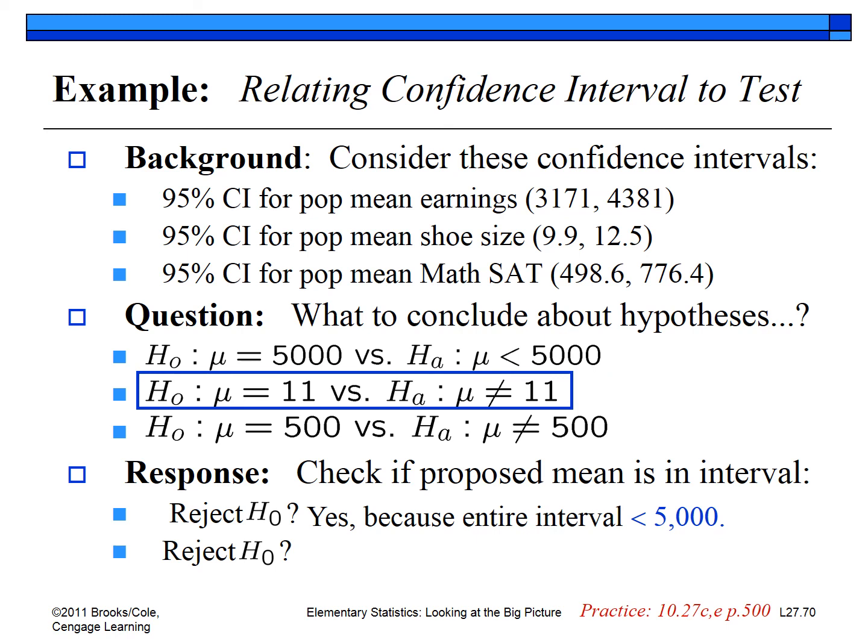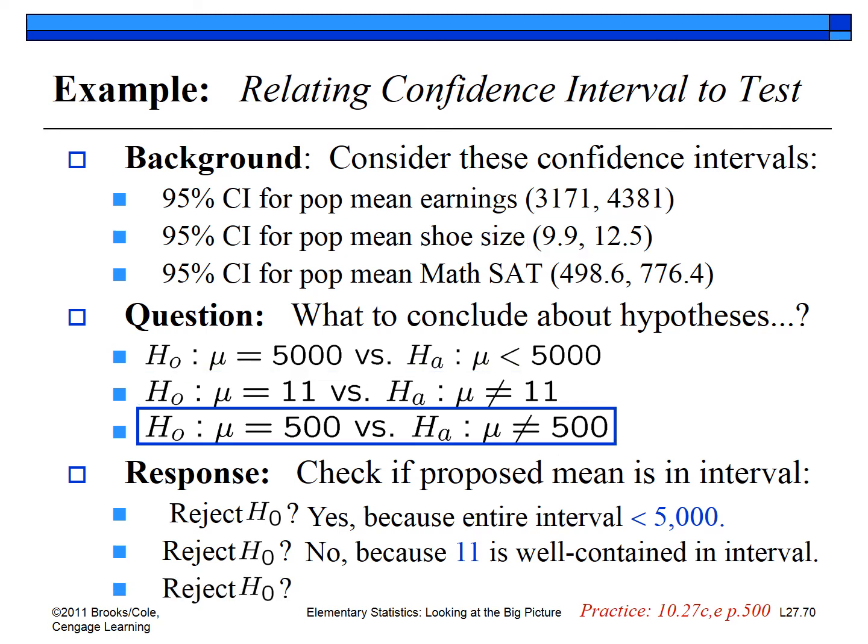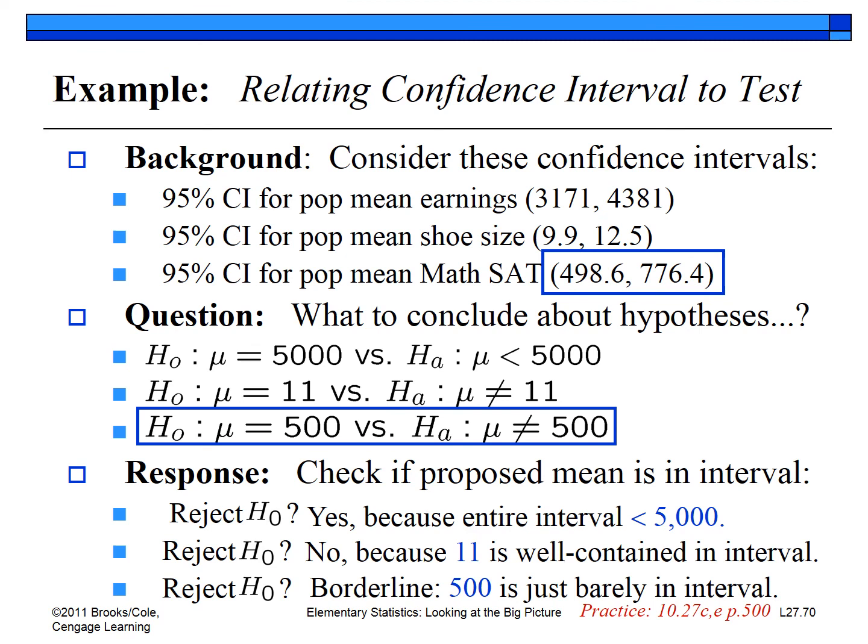For the second one, notice 11 is pretty much square in the middle of that confidence interval, so I doubt that the null hypothesis would be rejected. Now in the third one, that mean is very close to the borderline. So we'll have to actually run the test to see for sure if the null will be rejected.